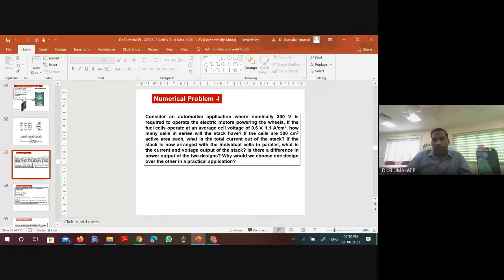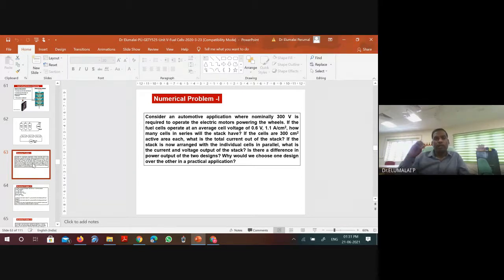So an electric vehicle powered by the fuel cell requires 300 volts. You have been given a fuel cell which delivers 0.6 volts for a single cell at a current density of 1.1 amperes per square centimeter. The area of the plates is 300 square centimeters.